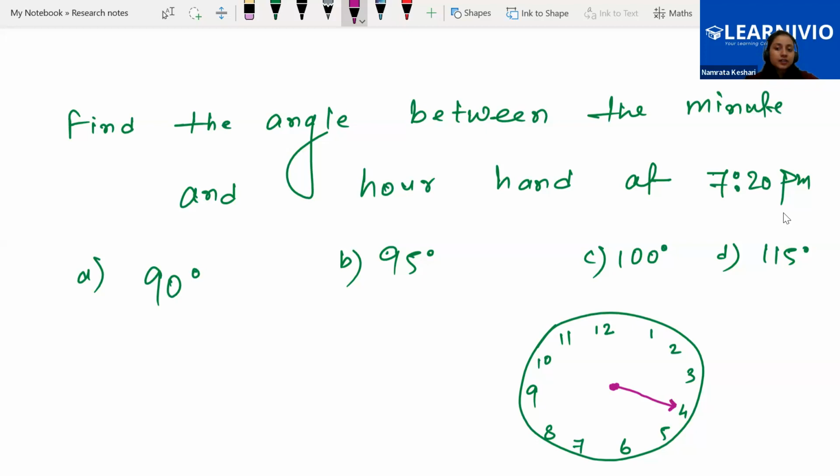Okay, exactly here at 4. And the hour hand will be where, Alina? Think about it first and then we'll do it. It should be at 7.